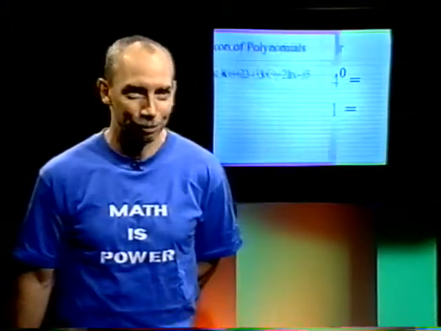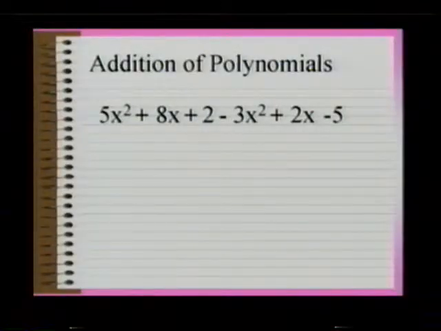Let's take another one. Remember adding polynomials and the idea of like terms. In this example, 5x squared and minus 3x squared are, quote, like terms. So we'll put those together, and only those together, and get 2x squared. Do we have any other like terms?